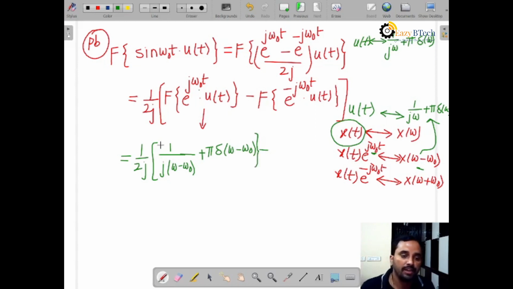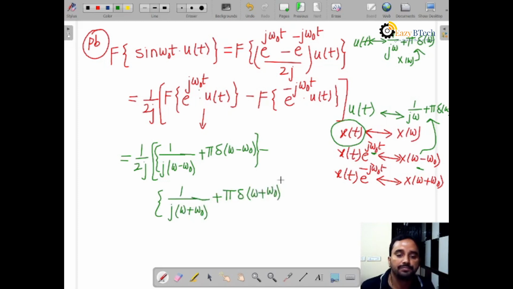I am keeping a bracket for clarity. And the second one, e power minus j omega naught t into u of t, so x of omega plus omega naught. Minus 1 by j omega plus omega naught plus pi delta of omega plus omega naught. So close the bracket. This is the answer.